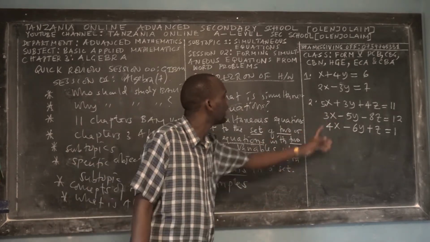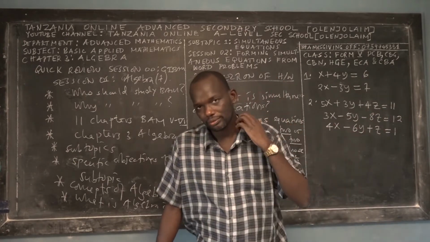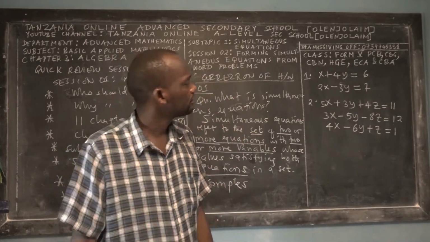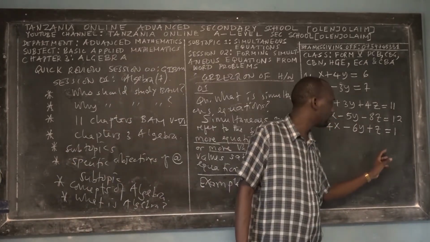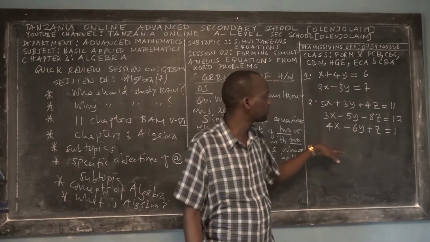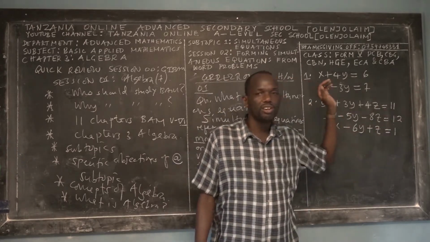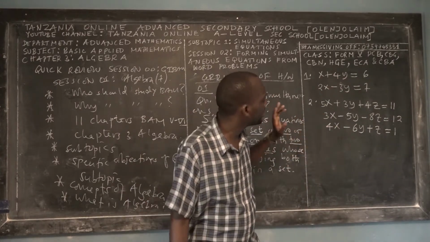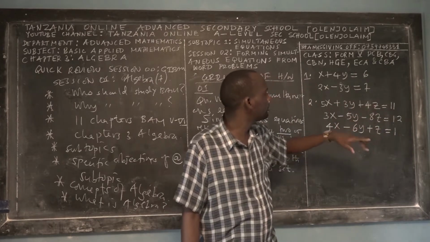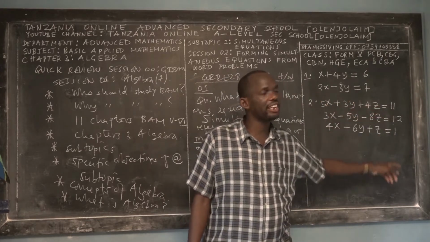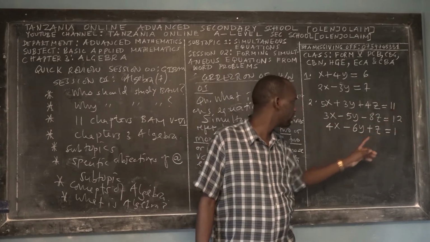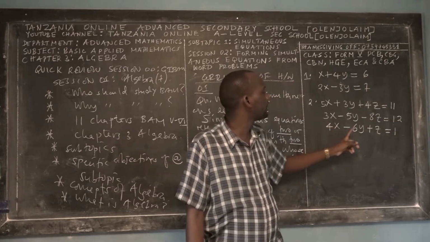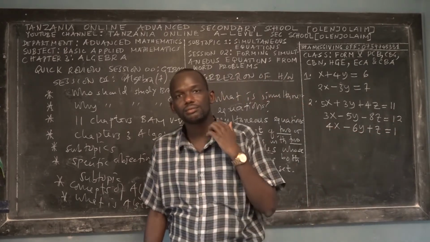When we find the values of x, y and z by either method, and for this case the best method is the matrix method, and you substitute the values of x, y and z in these equations, the answers should be 11, 12 and 1 respectively.